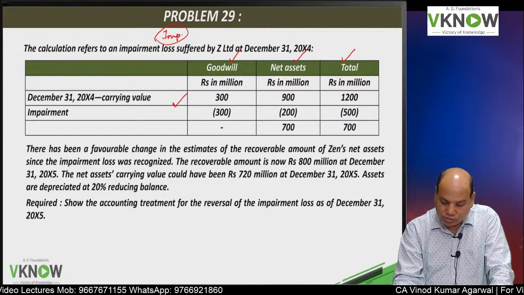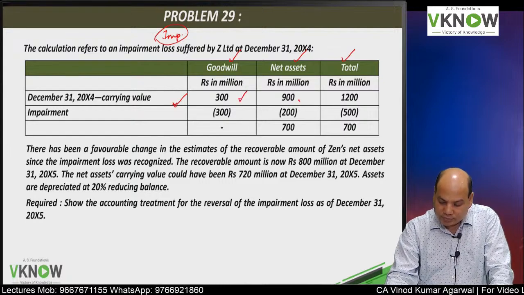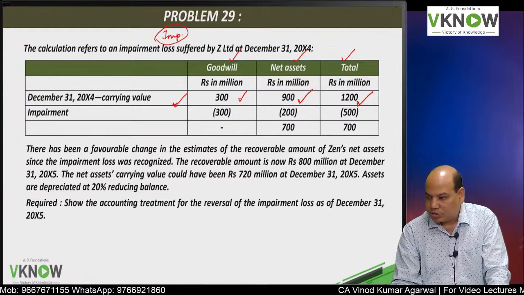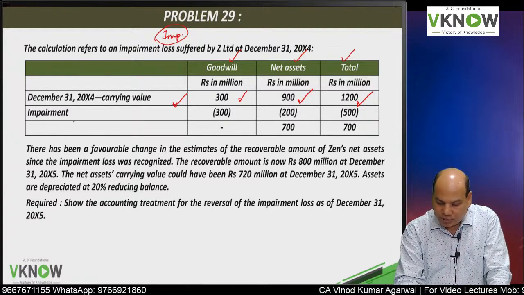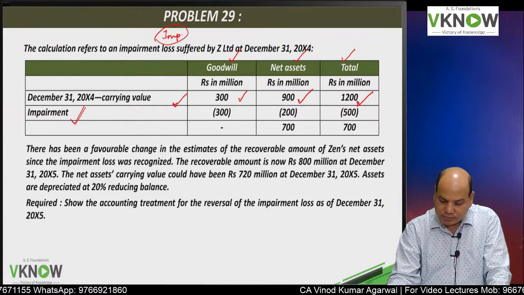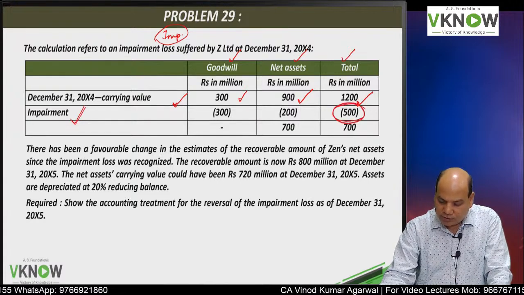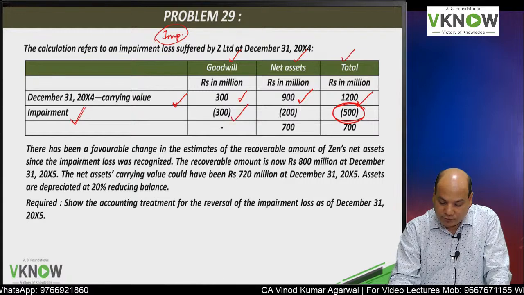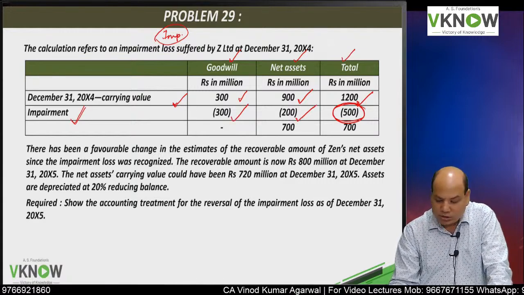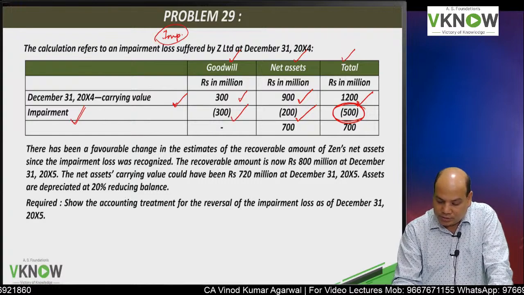Carrying amount was 300, 900, 1200. A similar question we had done. Total impairment loss is 500. First they eliminated goodwill of 300, and the balance they adjusted against the net assets.